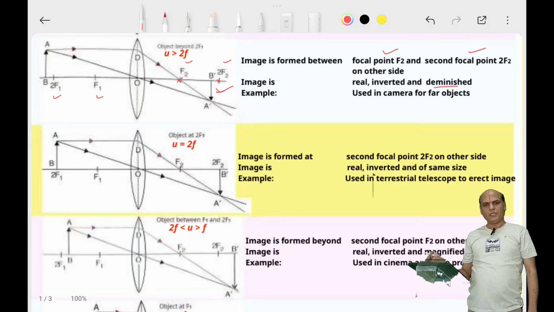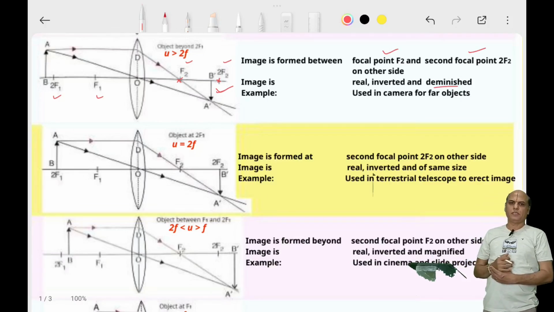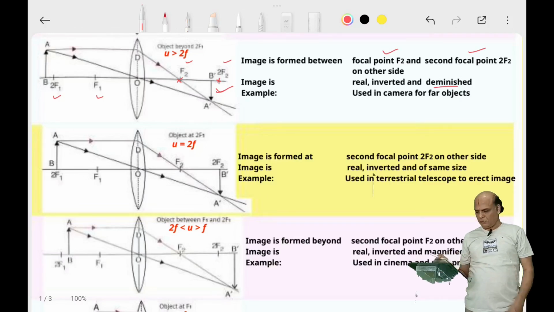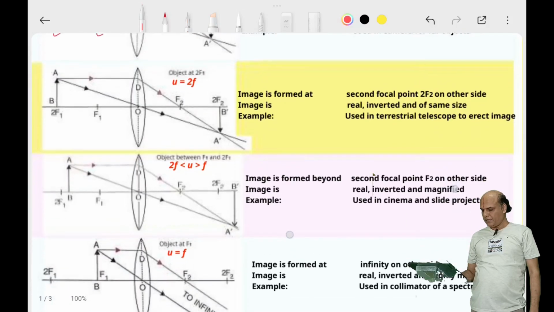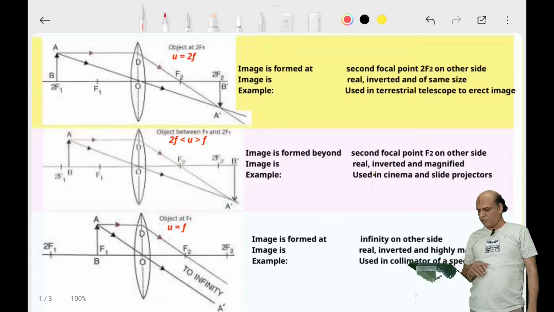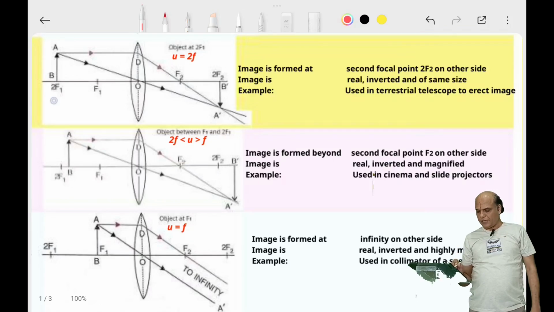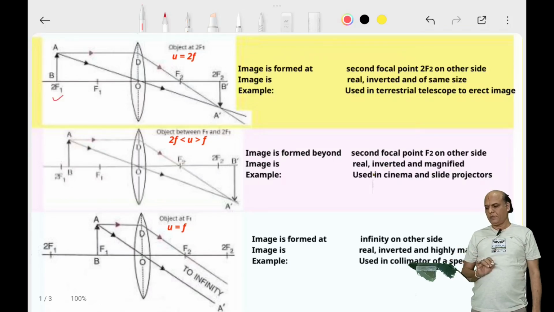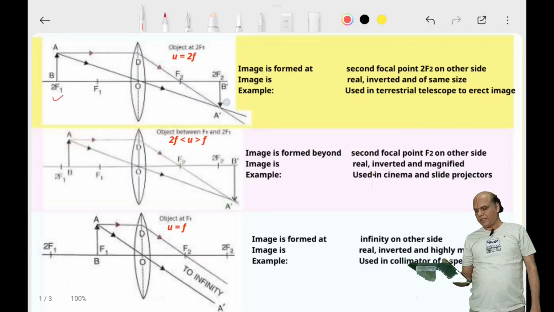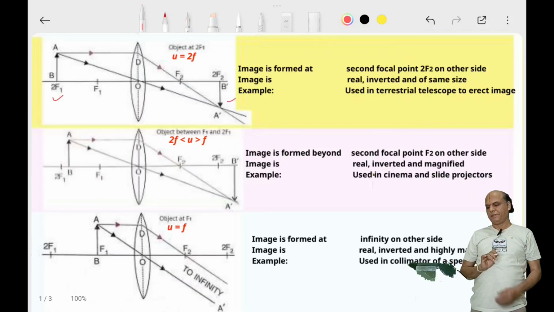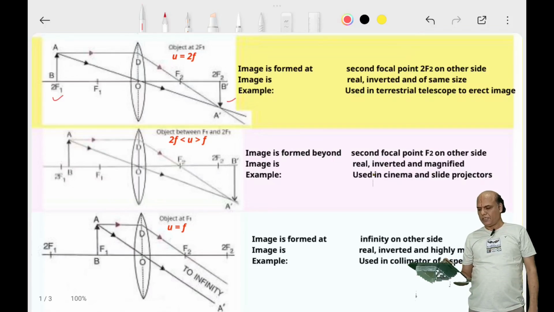Such a lens is again used in a camera to picture far objects. Let's move on to the next. Here, when the object is placed at the second focal point, an image is formed at the second focal point on the other side.